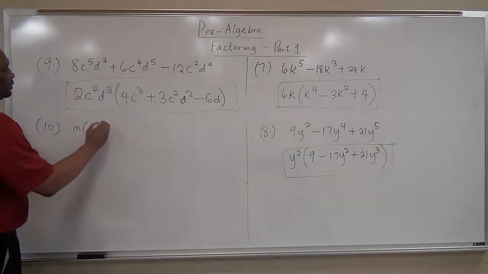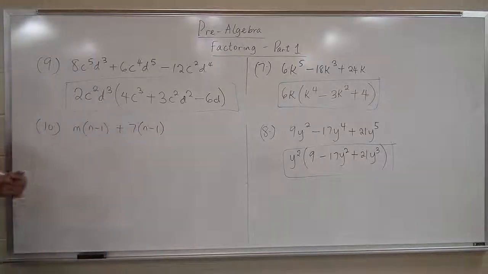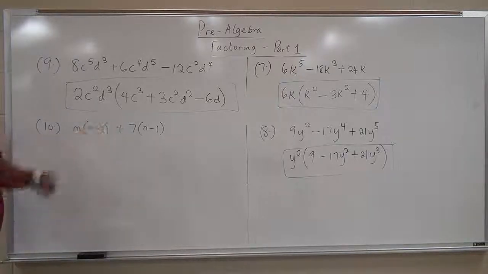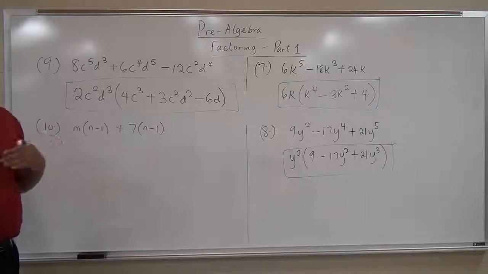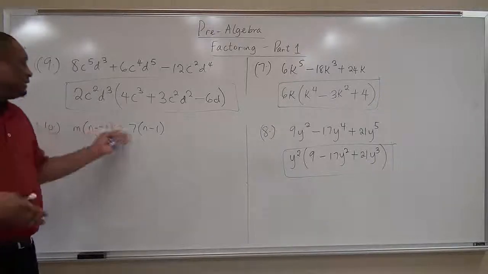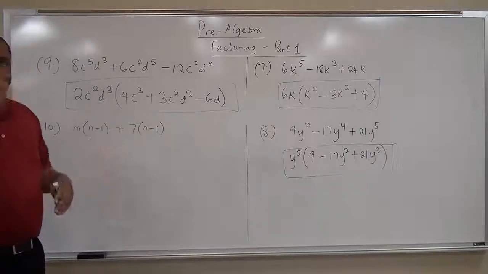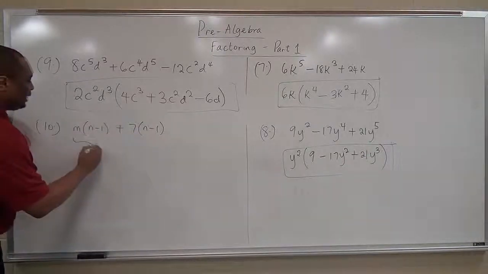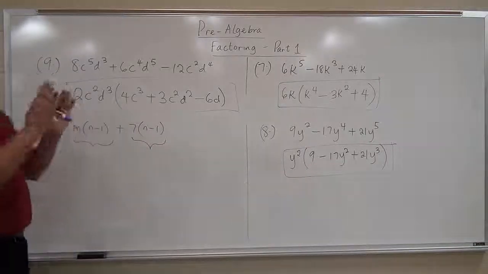Question 10. m times (n minus 1) plus 7 times (n minus 1). You look at this. What is common? When I teach this, I'm going to teach it two ways. You can do it by the horizontal method. Looking at this, the times is within the term.